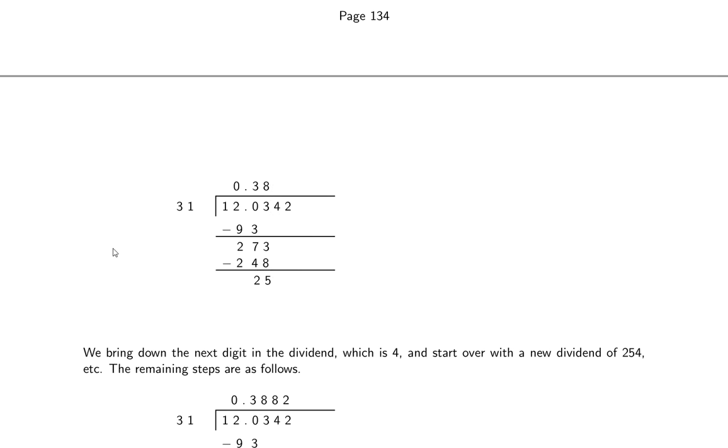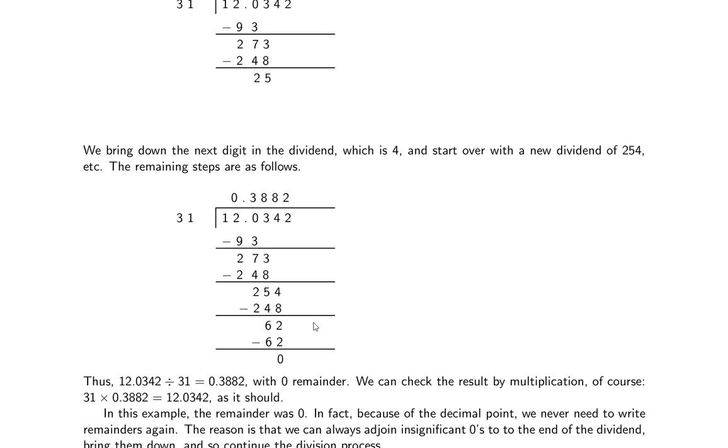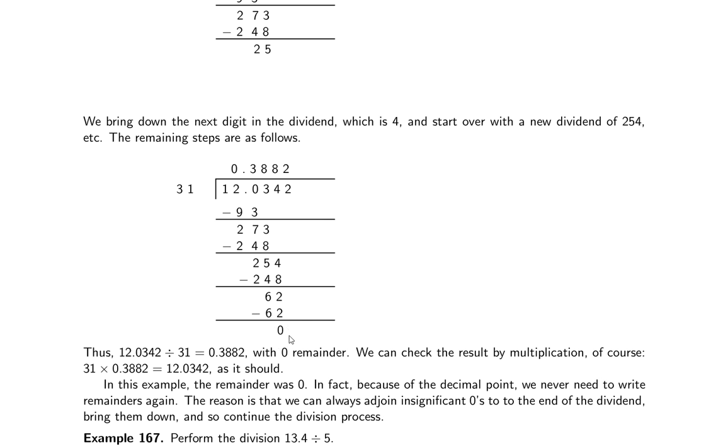Doing some side calculations, 31 times 8 is the best you can do. 31 times 9 would be 279. That's too big. So just go step by step. Again, we're looking for a 0 remainder. That means we've got to the end of the calculation.